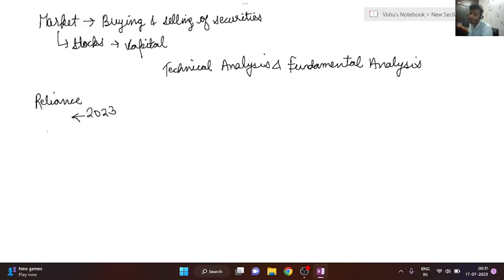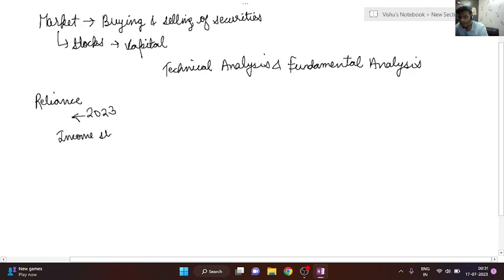Instead, I'm checking the income statement, the health of the P&L and balance sheet, and the cash flows, whether they are healthy or not, and I make a decision on whether I should invest or not. So this is fundamental analysis.